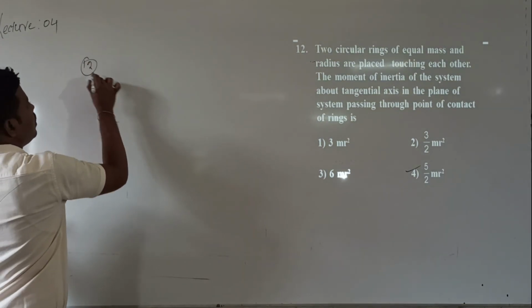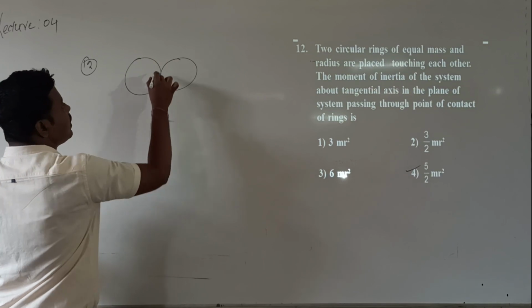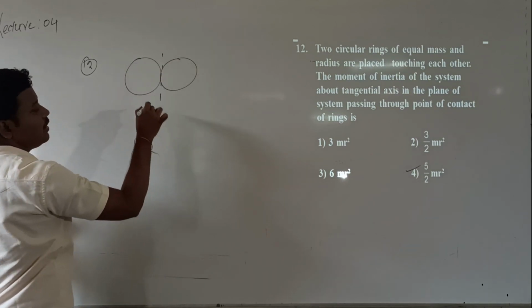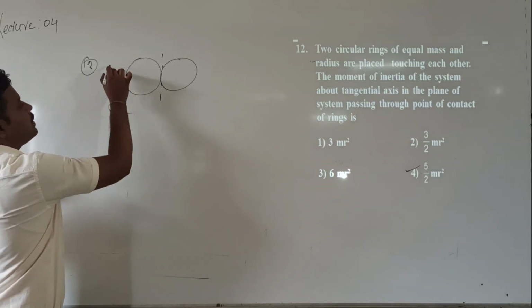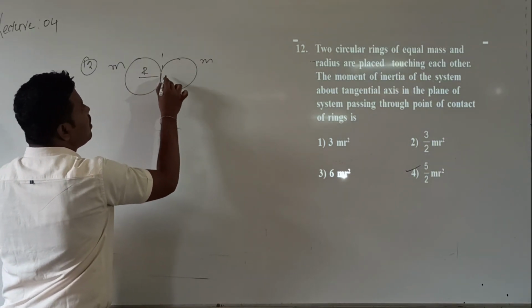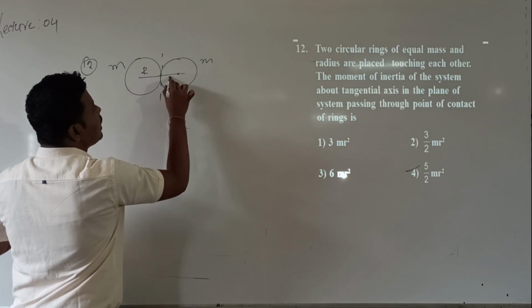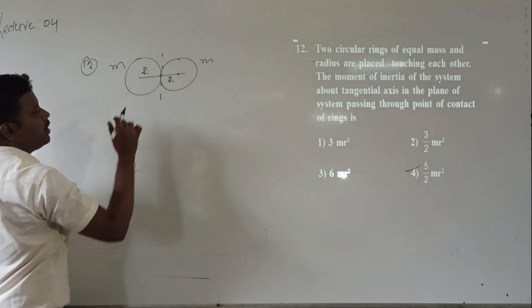Two circular rings are given, touching each other. Same mass m, and same radius r. They are asking us to calculate the moment of inertia about a tangential axis to the two circular rings.